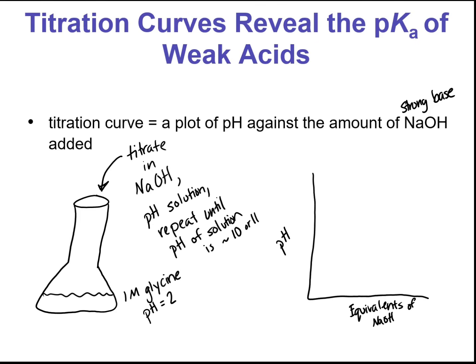What we're really talking about is how many moles of sodium hydroxide have you added. And you plot that against the pH of the solution. And you'll get some kind of a titration curve.